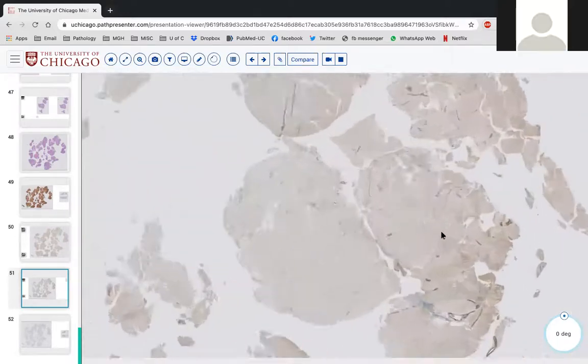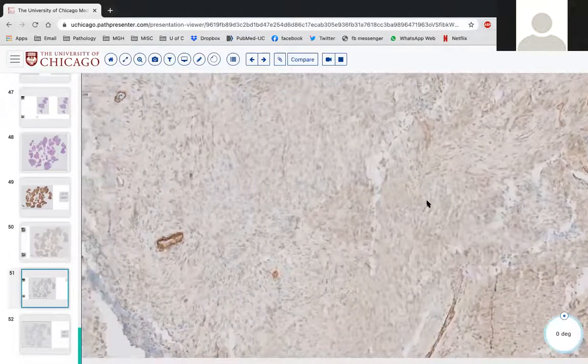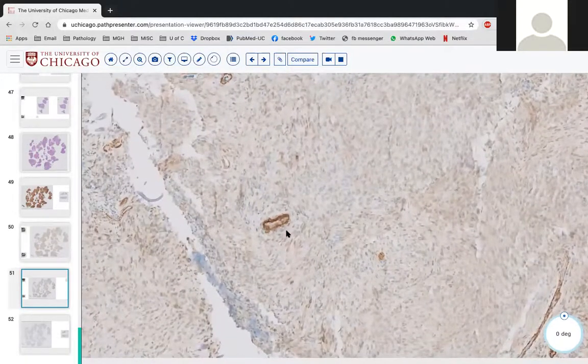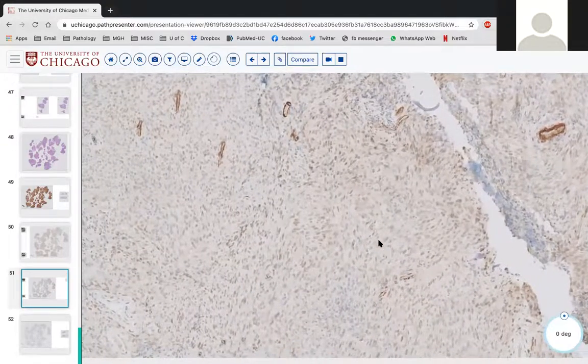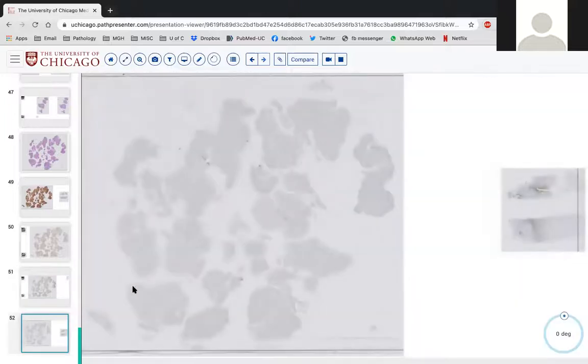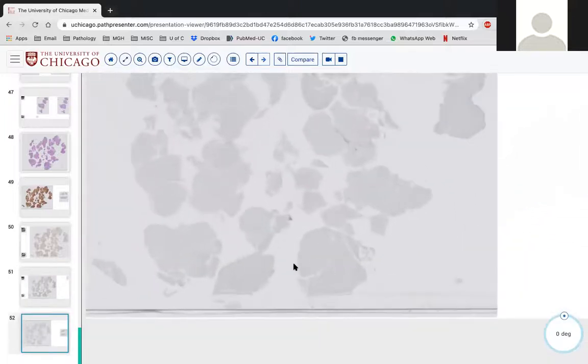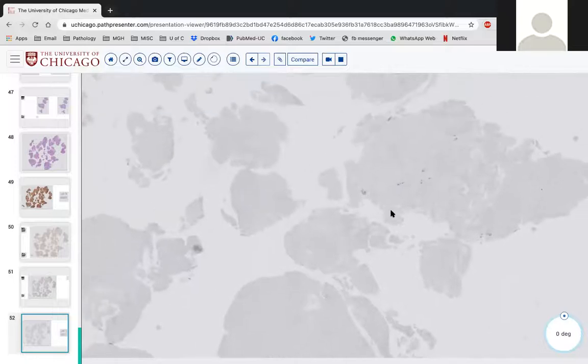And then this was our calponin, which we can see nicely positive in the blood vessels, and just this weak blush in the tumor, certainly not a strong positive. And then EMA, which I think was focally positive in one of the pieces.